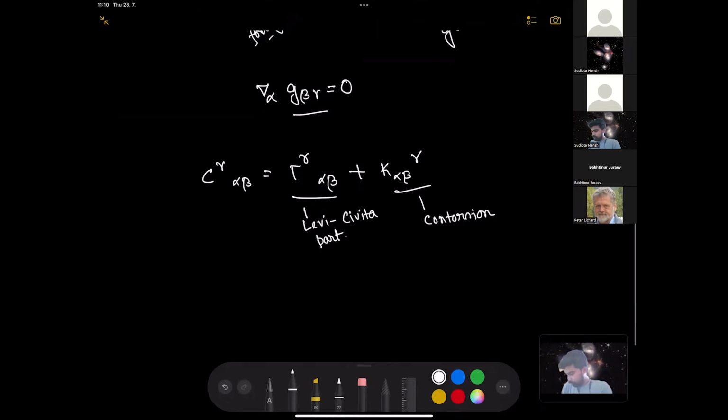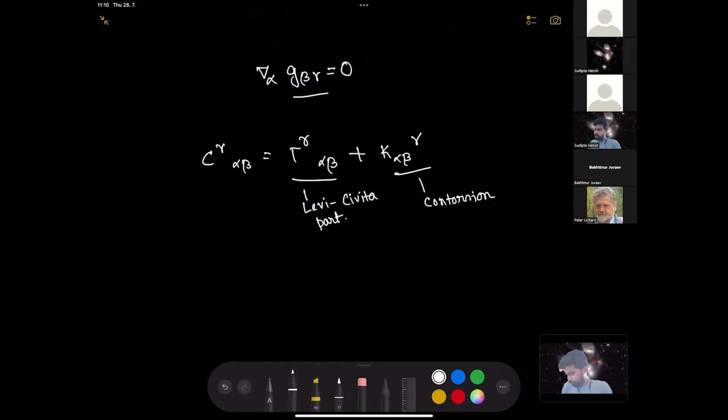If we are not in GR, then it can be written generically as the Levi-Civita part plus some contortion, which is basically the antisymmetric part.